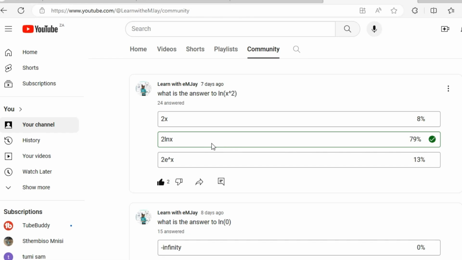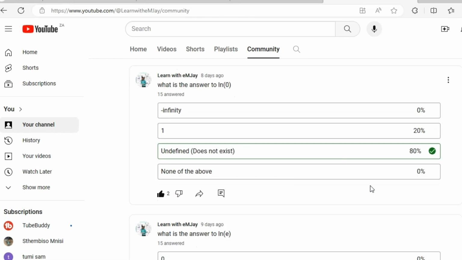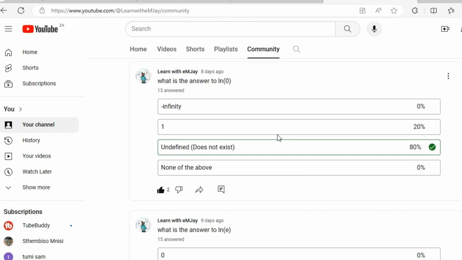Therefore the correct answer is the second one. 79% of you got it, I see. And here I put negative infinity as the first answer because people have the mentality that ln x is negative infinity. The limit of ln of x as x goes to 0 is negative infinity, yes, and we just discussed it in this video.